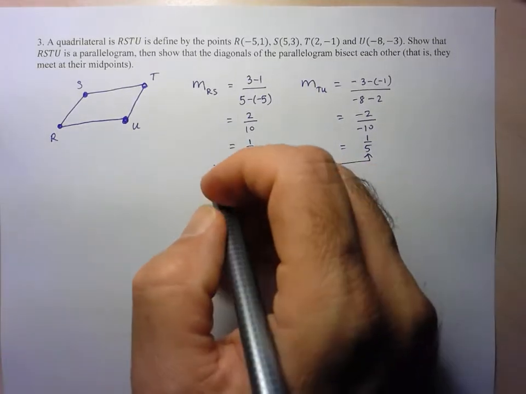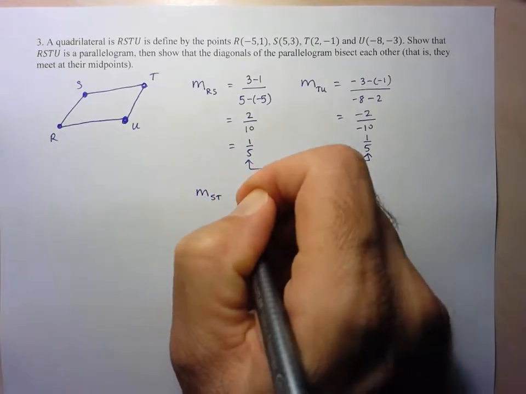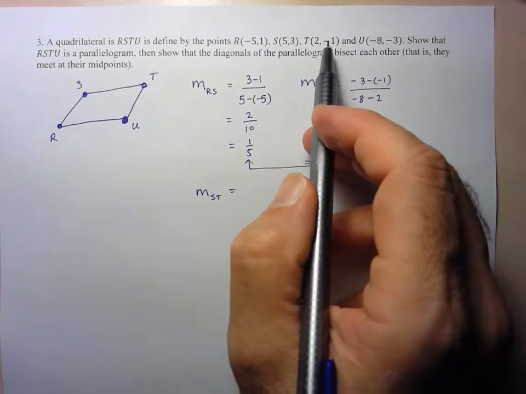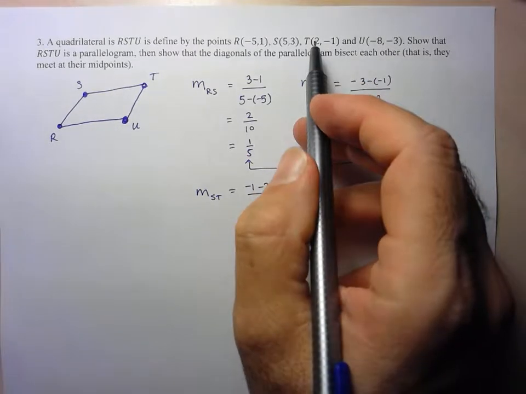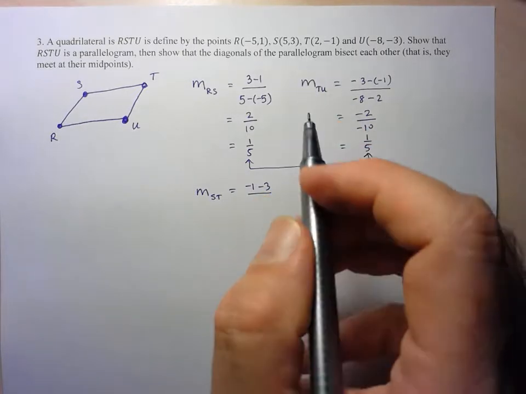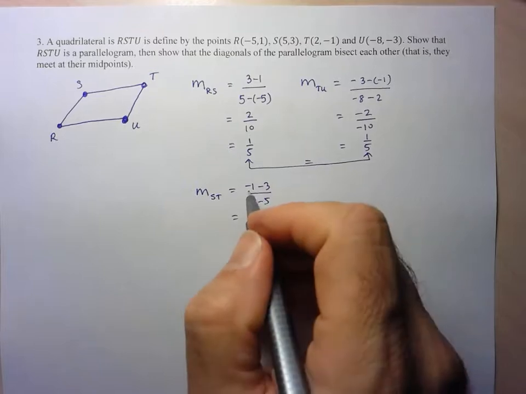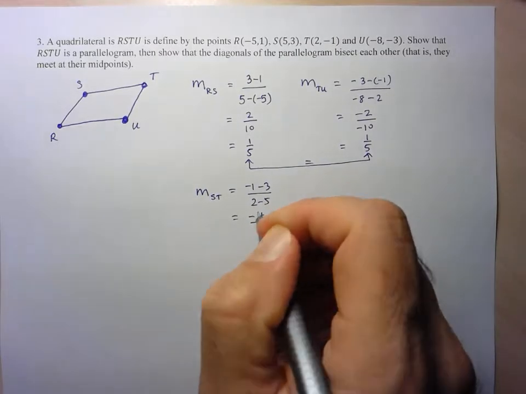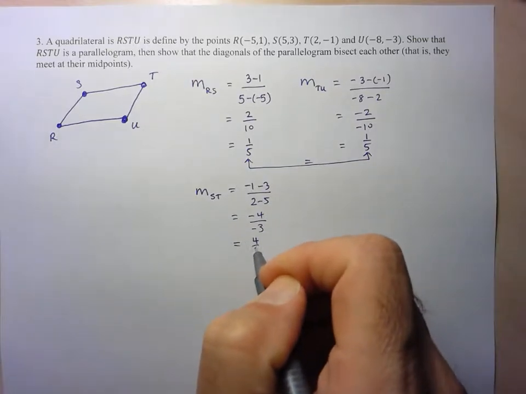All right, so now let's find the slopes of the other two opposite sides. Let's do ST. The slope of ST is negative 1 minus 3 over 2 minus 5. So this becomes negative 4 over negative 3, so 4 over 3.